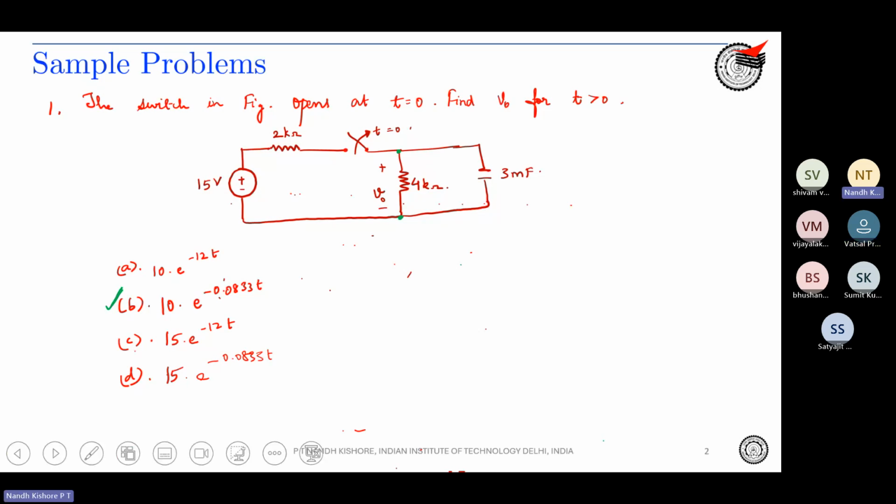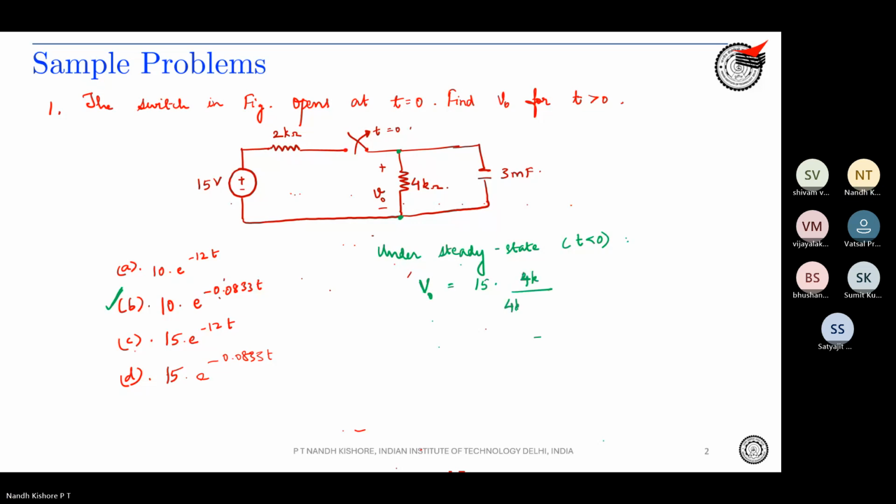Correct. Perfect. So basically, first of all, under steady state, you're right. When the switch was closed, under steady state, when t less than 0, your capital V naught, I'm writing capital V naught to indicate steady state, will be 15 into 4K divided by 4K plus 2K, which gives 15 into 4 by 6 or 15 into 2 by 3, which is 10 volts.